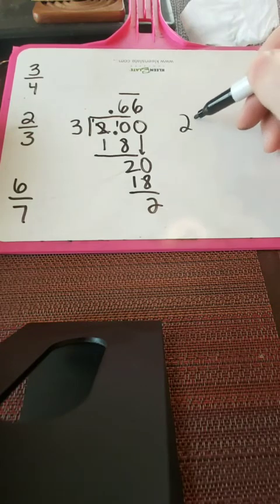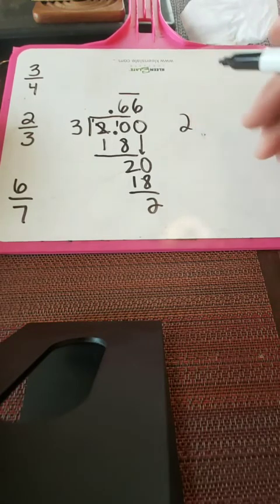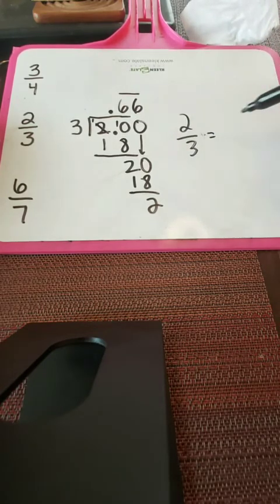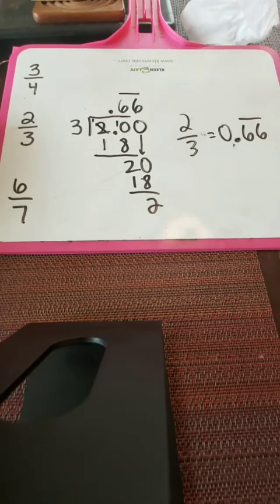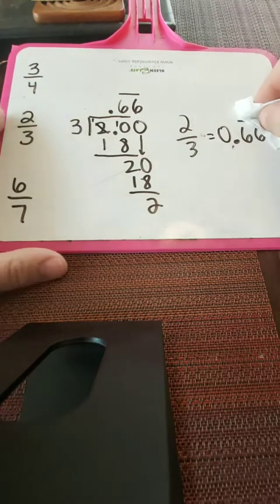So 2/3 equals 0.66, and the 6 goes on forever. So that's converting 2/3 into a decimal that continues on forever. Okay, so whenever you see this little line on top, you know that means that decimal is repeating itself over and over and over. All right, let's do one more example.